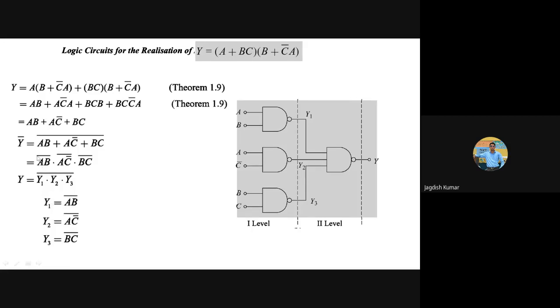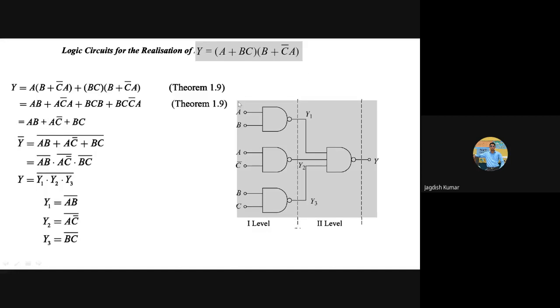A and B whole not. So this is NAND, this is y1. Similarly, y2 is NAND itself. You can see from here, this is y2, A C complement whole not. That is again a NAND gate. Again y3, BC whole not.